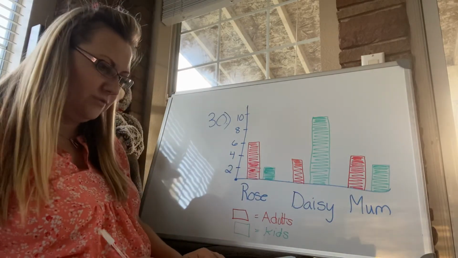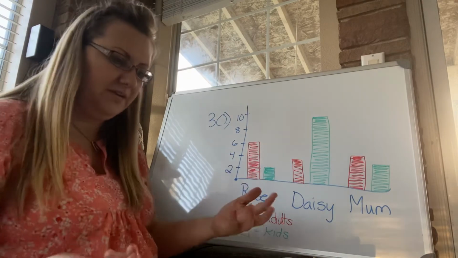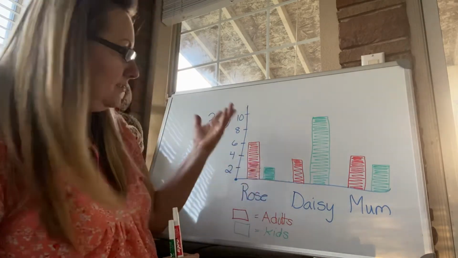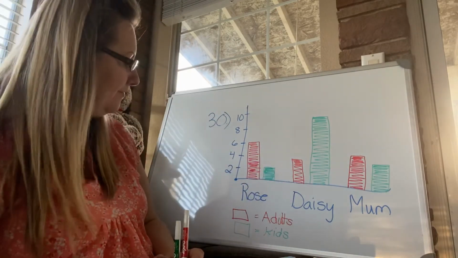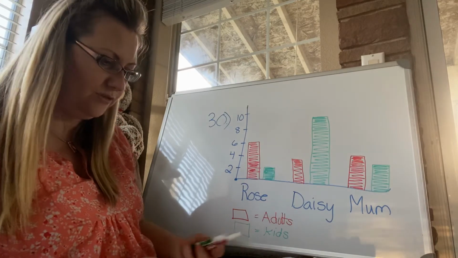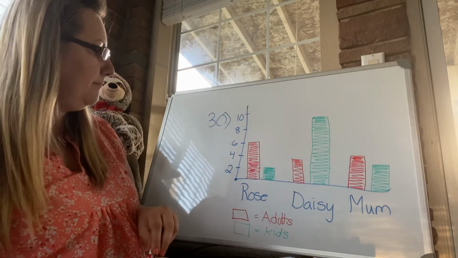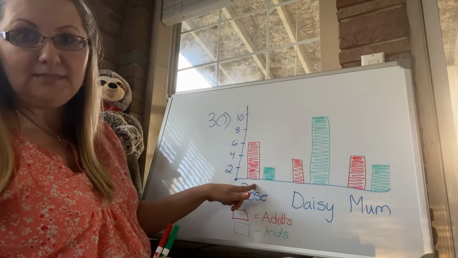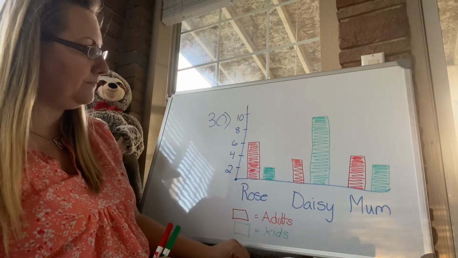So tell me something, one conclusion that you can see easily from this bar graph. Maybe your conclusion would be that adults like roses more than children do.